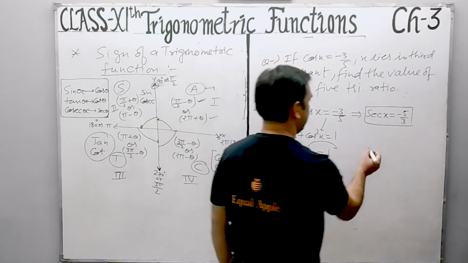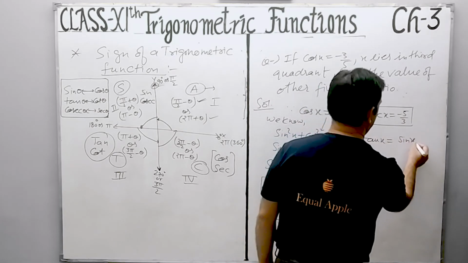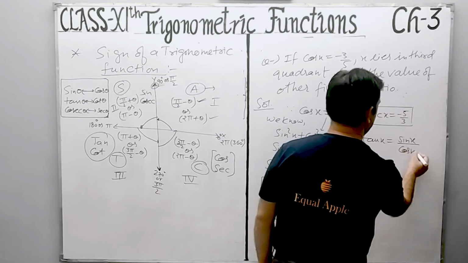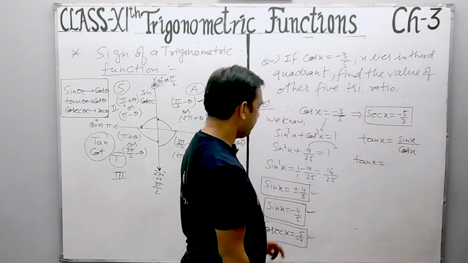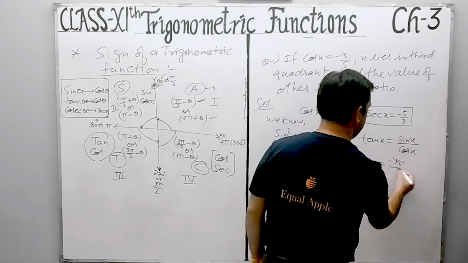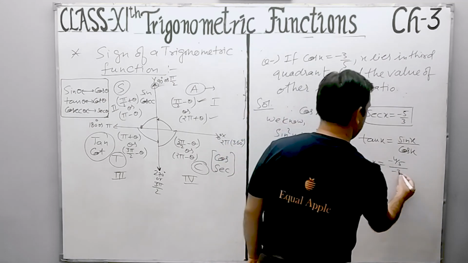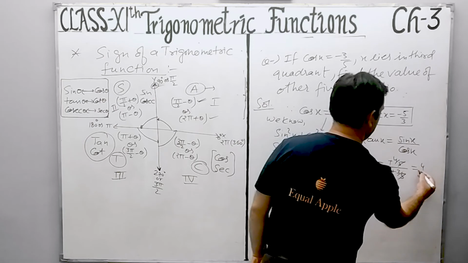Now we come to tan x. Tan x is, as we are familiar, sin x upon cos x, where the value of sin x is minus 4 upon 5 and the value of cos x is minus 3 upon 5. So we will cancel this out, and there is 4 upon 3.